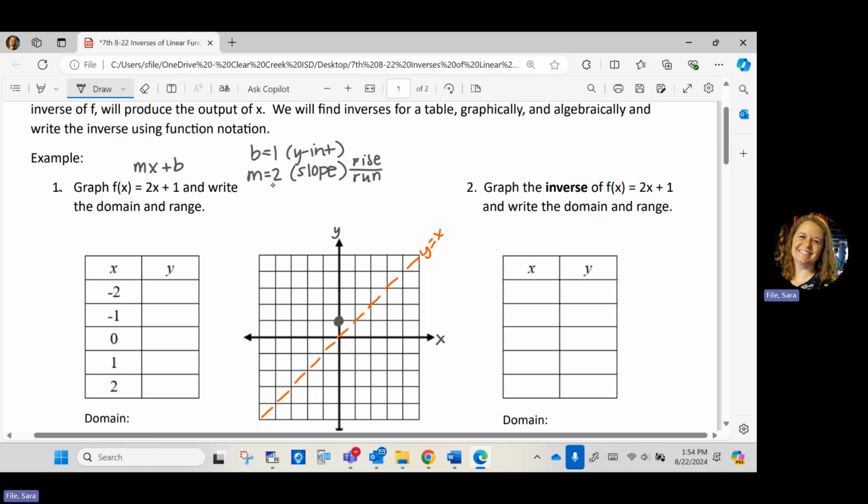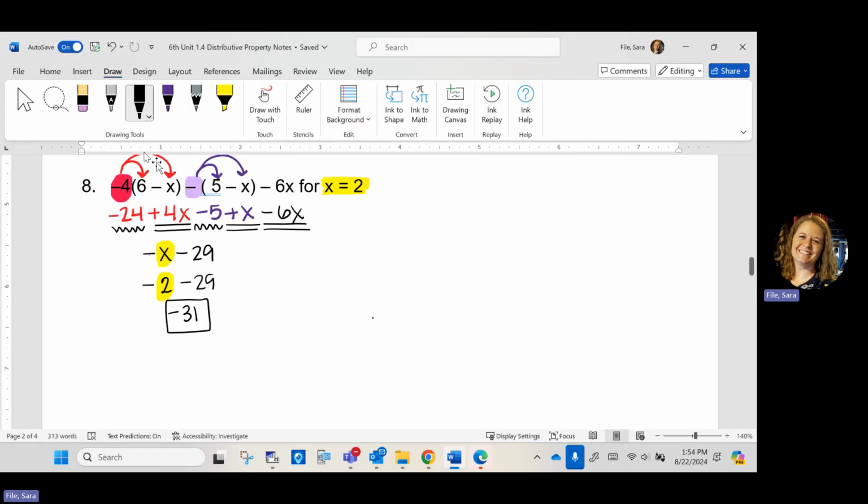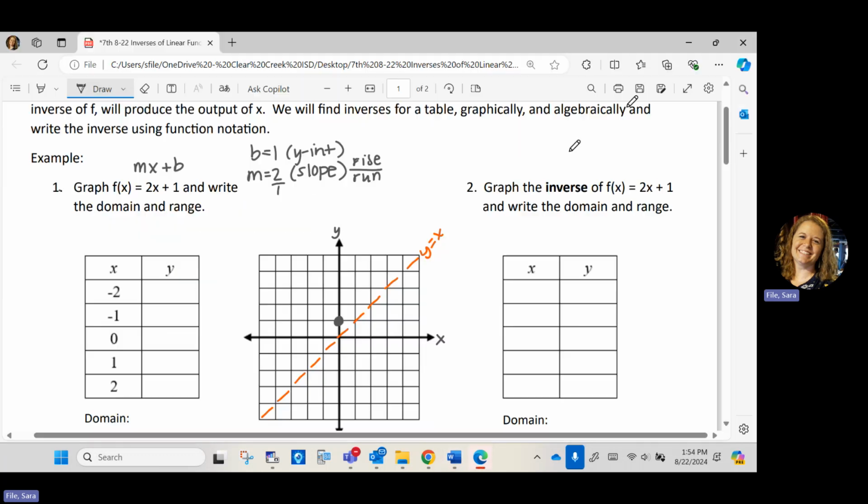Now, if there is no denominator, it's an understood 1, right? So rise 2, run 1. Rise 2, run 1 gets me here. Okay, you can go in the opposite direction. You can go down 2, left 1.